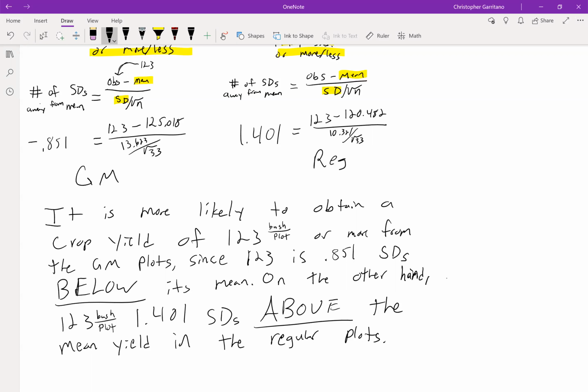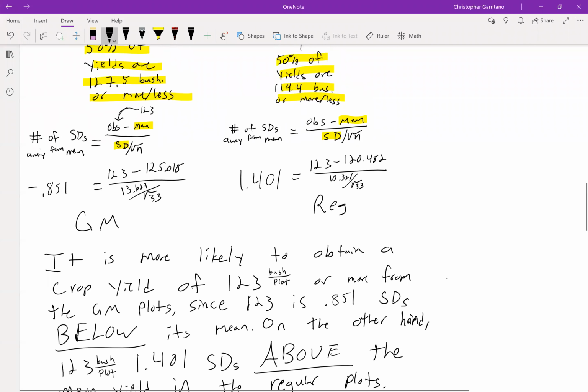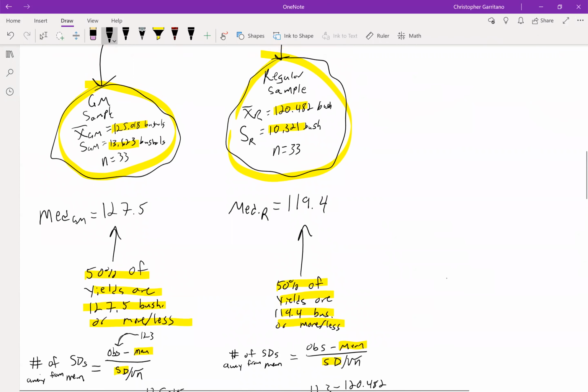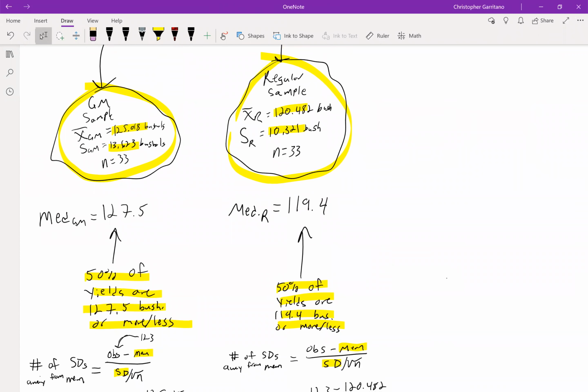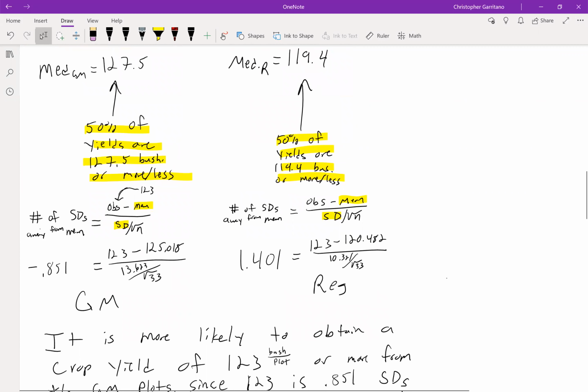Okay, so a few ways to argue. You can use a probability if you're using a normal model, and I think there is an argument for it. You can compare the medians, or you can figure out how many standard deviations this average would be from the population average.